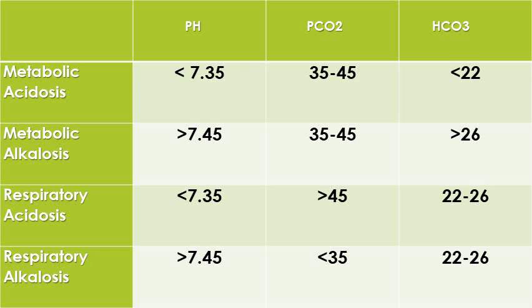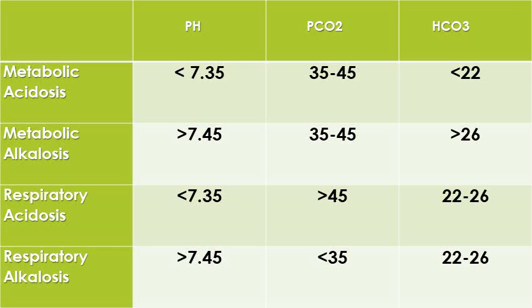Metabolic acidosis: pH will be less than 7.35, PCO2 will be normal, and the bicarbonate will be less than 22. In case of metabolic alkalosis, pH will be more than 7.45, PCO2 will be normal, and bicarbonate will be more than 26.